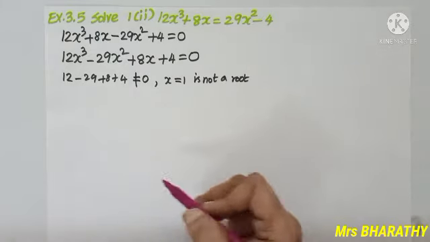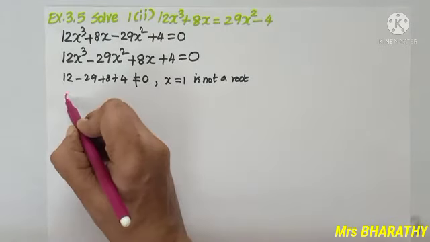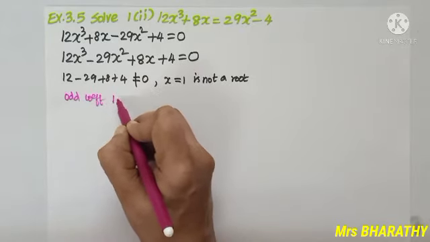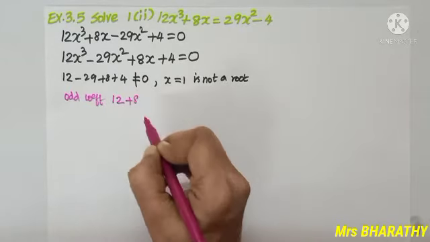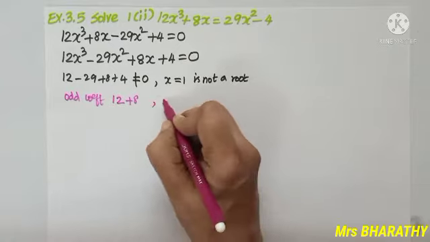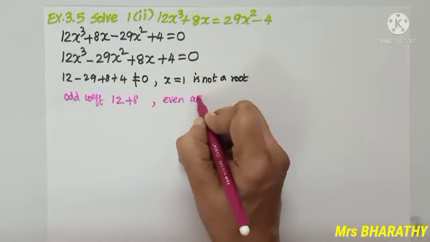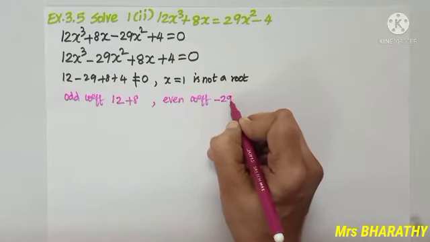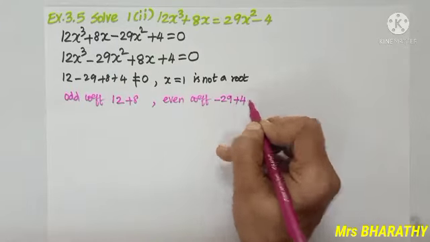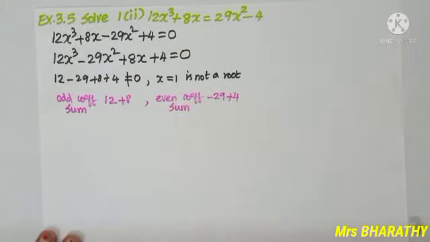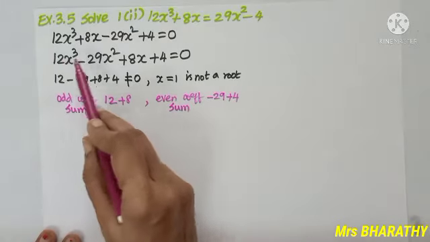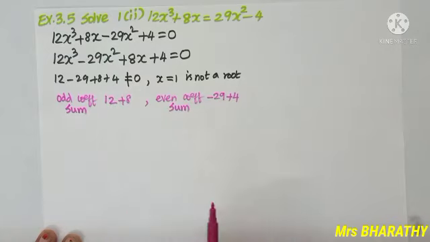Now I check whether odd coefficients and even coefficients are equal. What do I get as odd coefficients? 12 plus 8. And even coefficients? I get minus 29 plus 4. As I find the odd coefficients, 12 plus 8, that is 20.